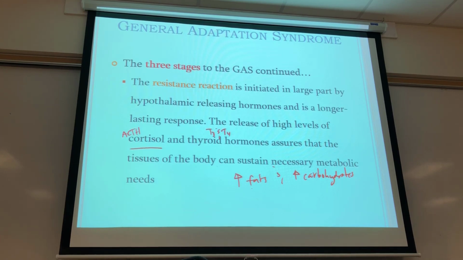Now, levels of cortisol will also utilize, not only with T3 and T4, but you'll also see protein. So again, like you saw earlier with prolonged use of prednisone, you saw muscle wasting that comes with it too. So cortisol is a catabolic hormone in terms of being able to break apart these macronutrients to provide for it.